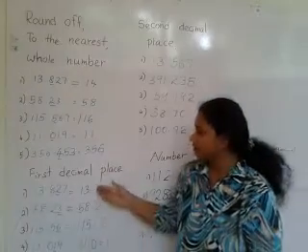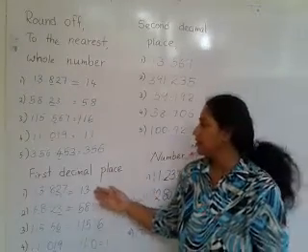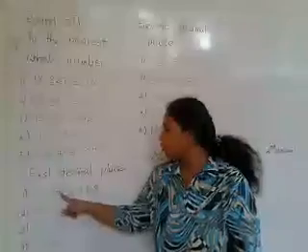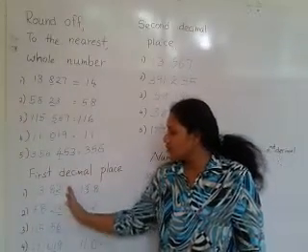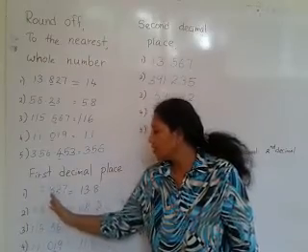In another way, we can also guess and write. It is 13.827, which is closer to 13.8.